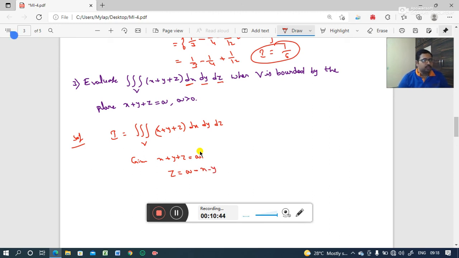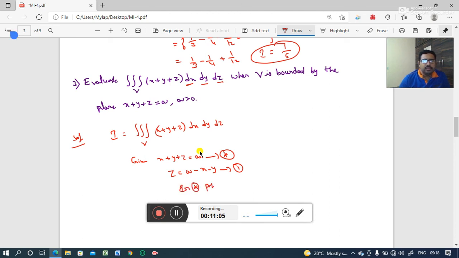So z equals a minus x minus y acts as the z upper limit. Then in the next step, take this as equation 1. So x plus y plus z equals a, take it as equation star.